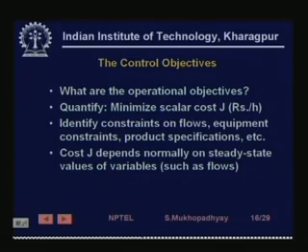And it turns out that the cost J, that is the cost that you want to minimize, generally depends much more on steady state values of variables, such as flows, especially in process control, because processes are typically not all the time oscillating, right. They will oscillate once in a while, but most of the time they are going to stay in their steady states, and therefore it is these steady state values which mainly decide the cost.